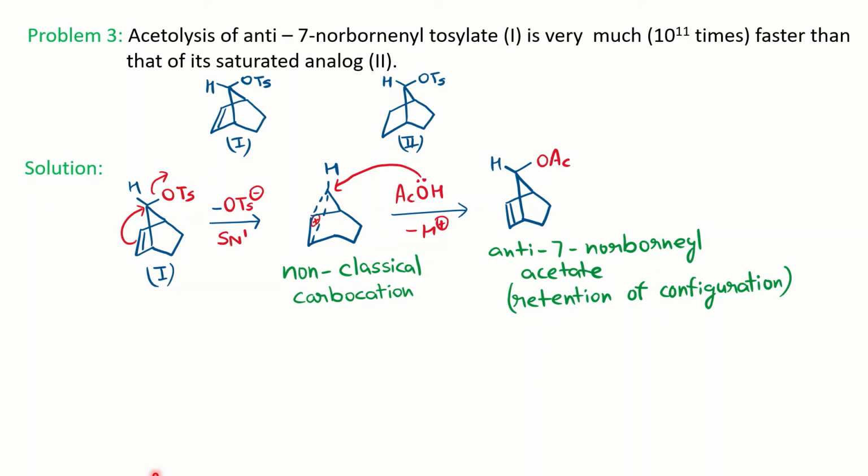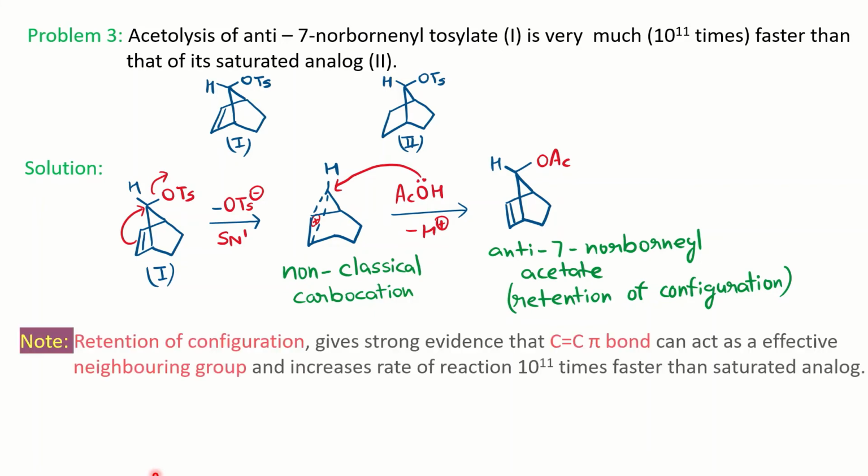And which reaction mechanism is favorable, we will see with respect to the rate of reaction. The rate of reaction says it is 1000 times faster, meaning it is happening through NGP, which gives you retention of configuration. So this is a statement you can note down: retention of configuration gives strong evidence that the C=C pi bond is acting as an effective neighboring group, which is enhancing the rate of reaction 10 to the power 11 times, right?